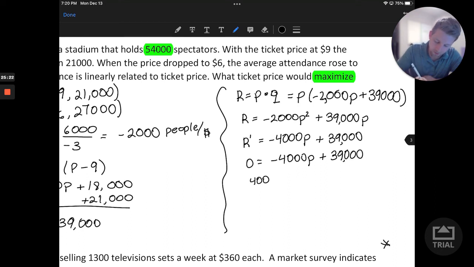We'll have 4,000P set equal to 39,000, and we'll finally divide by 4,000.